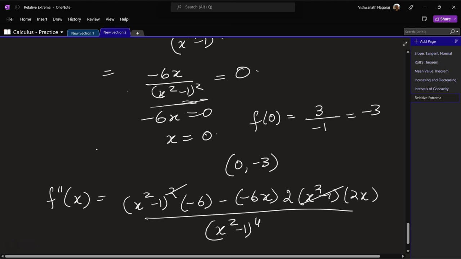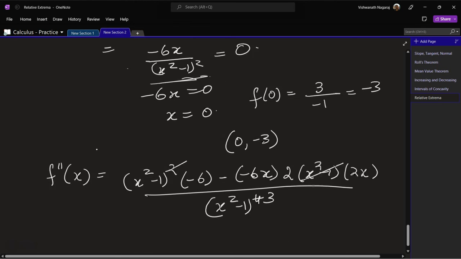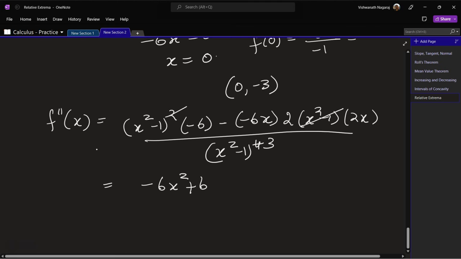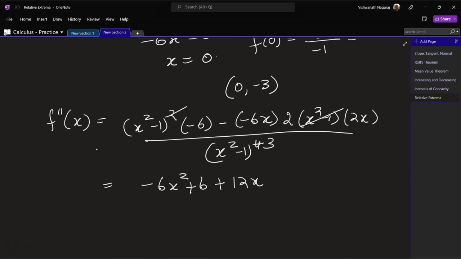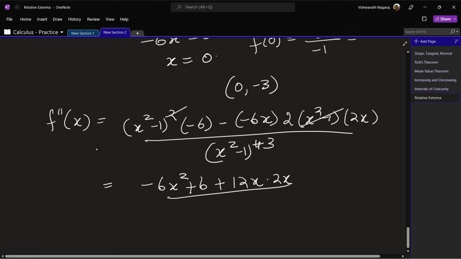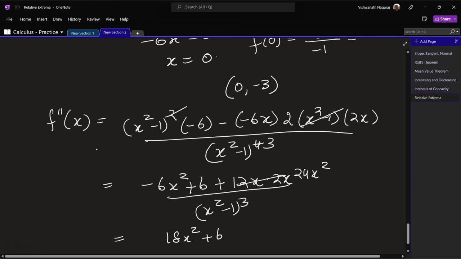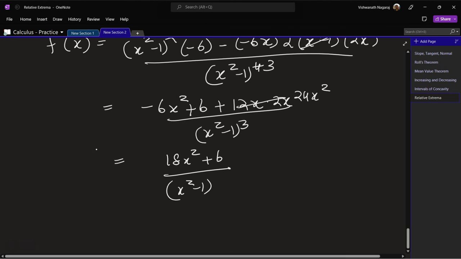One of this and one of this gets cancelled, and we are left with minus 6 times x square minus 1, plus 12x times 2x is also there. Okay, x square minus 1 cube, which gives us 24x square. 24x square minus 6x square is 18x square plus 6 by x square minus 1 cube.